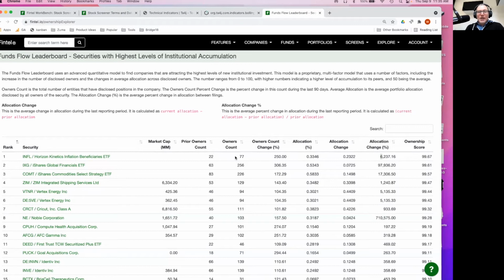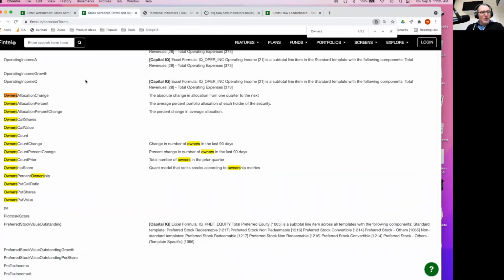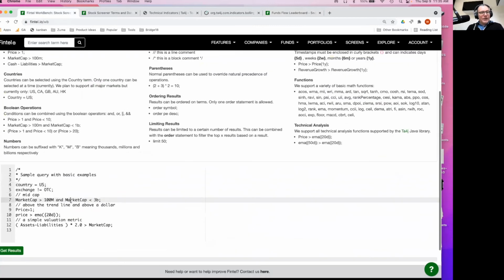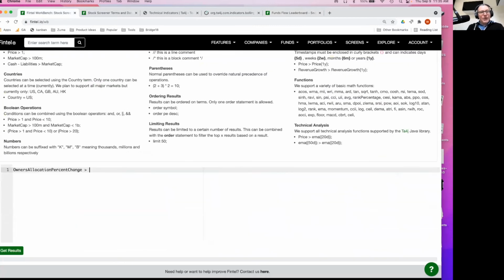Likewise, we look at the prior owners and the current owners, and we look at the change in owners count. You can take this data, which is quite informative if you're interested in hedge fund buying activity, and put it into the stock screener. Owner's allocation percent change is right there, and I can say owner's allocation percent change is greater than 0.